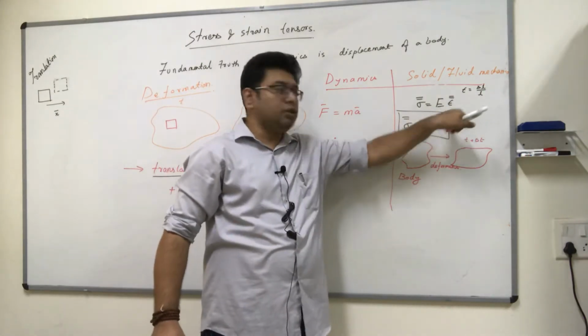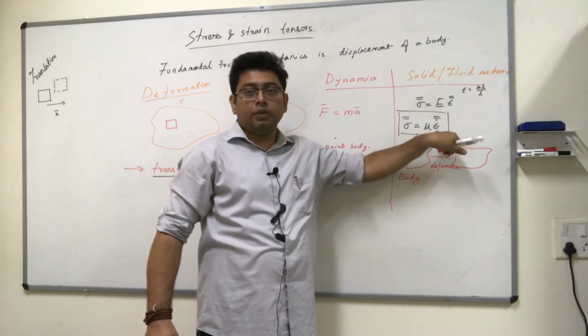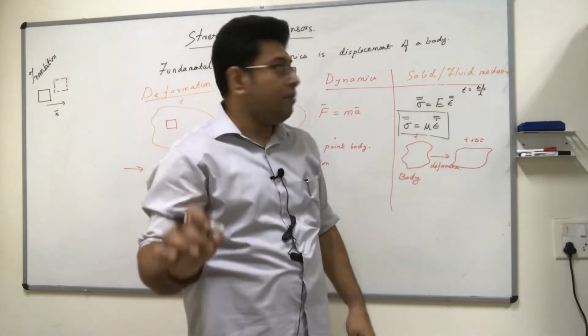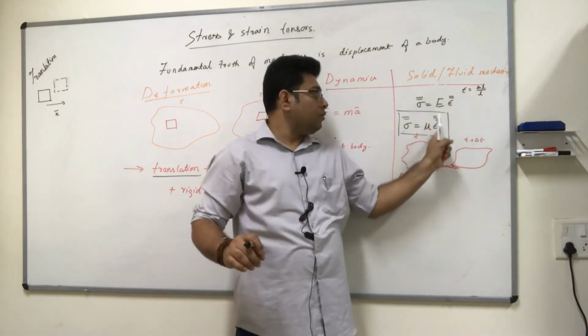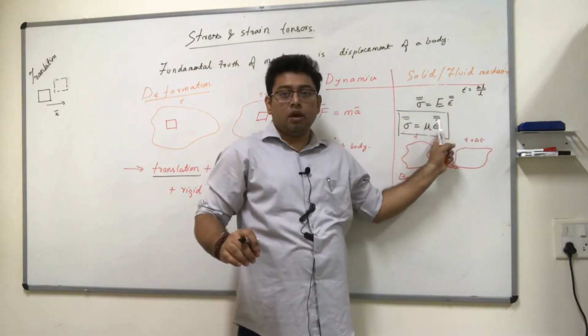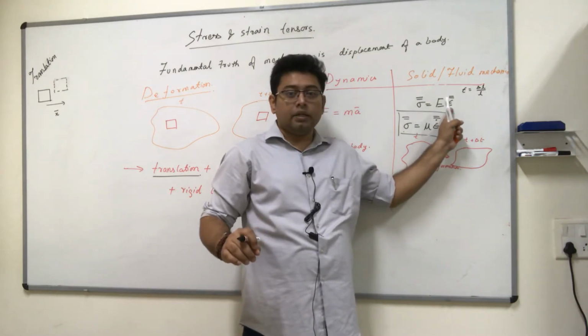If you are in solid mechanics, you could just be concerned with the displacements, but in fluids, we are always concerned with rates. By the way, this is a very, very important distinction between solid and fluid mechanics, that in fluid mechanics, we are mostly interested in the rates of the deformation, whereas in solids, we are interested in the deformation itself.